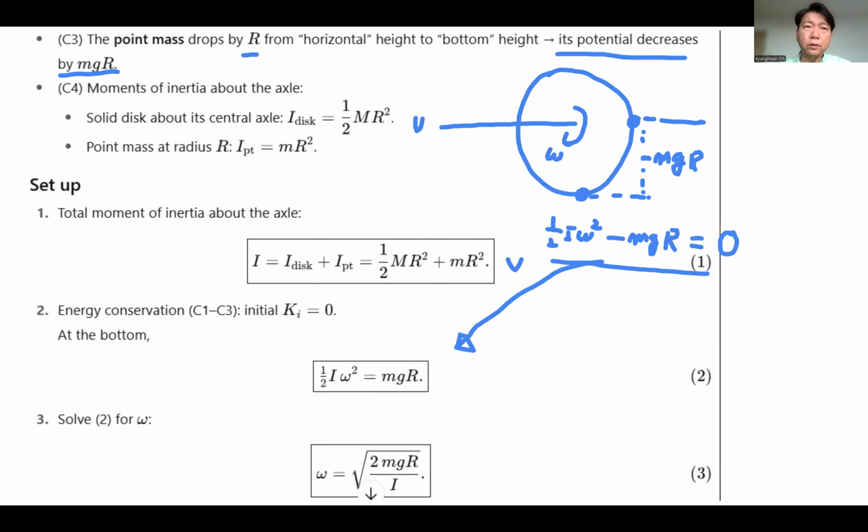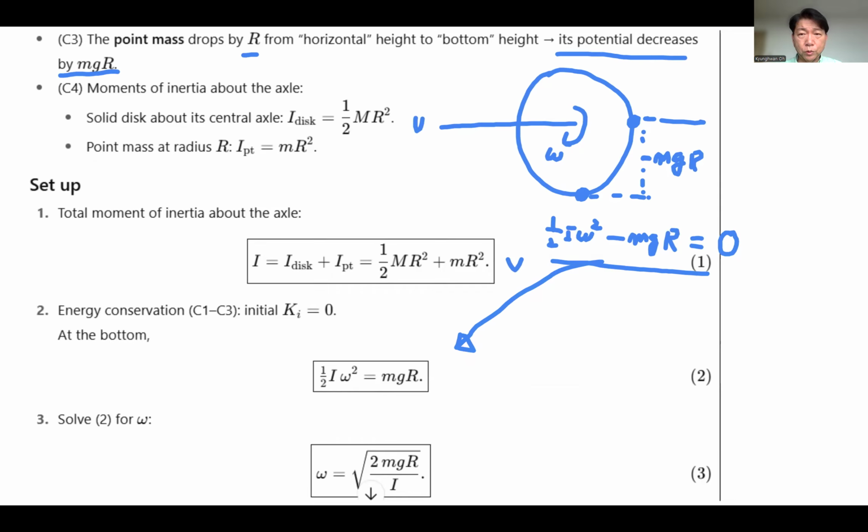So this problem is strictly about energy conservation. So basically, energy conservation for rotational kinetic energy plus potential energy. Previously, in translational motion, we used to have the kinetic energy 1/2 mv square plus gravitational potential energy, usually given by mgh, where h is the vertical position.